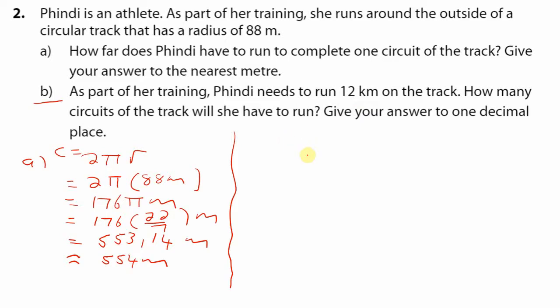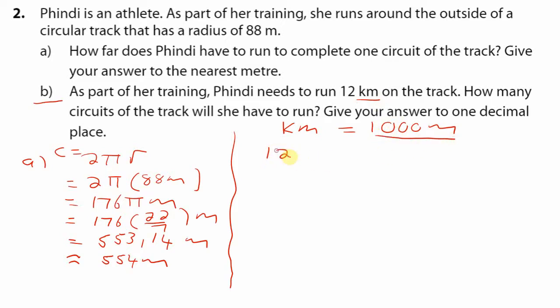So the problem is now that we have meters versus kilometers, so we will first have to change meter to kilometers, or alternatively change kilometers to meter. I'm going to change kilometer to meter. 1 kilometer is how many meters? Yes, 1,000. So wherever we see kilometer, we can replace it by 1,000 meter.